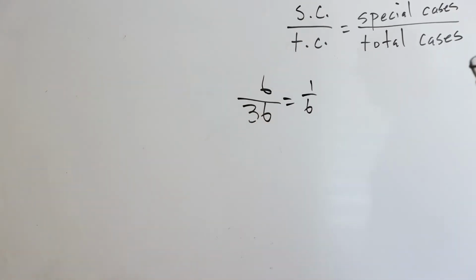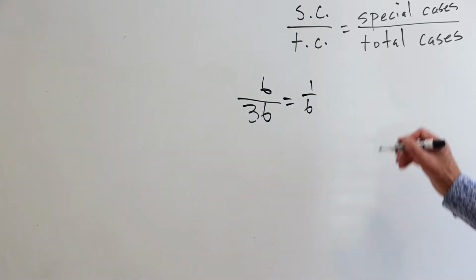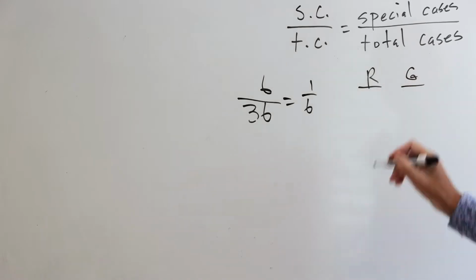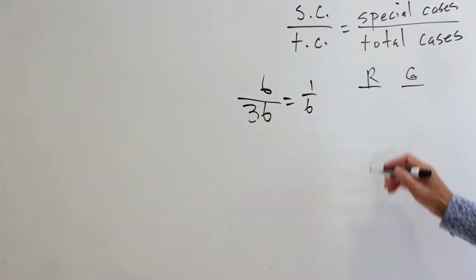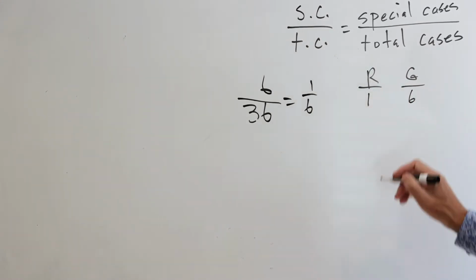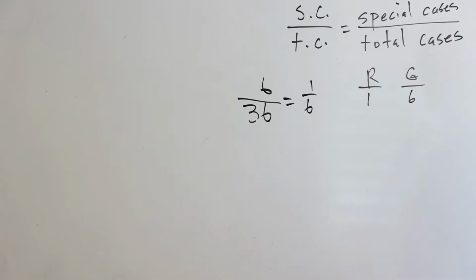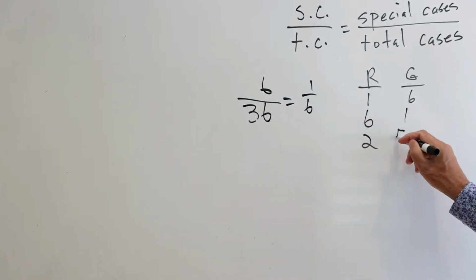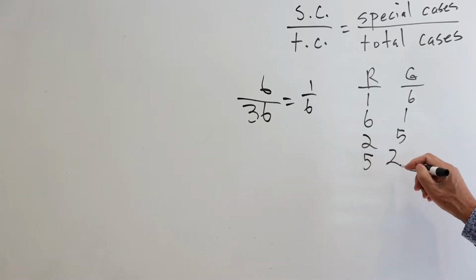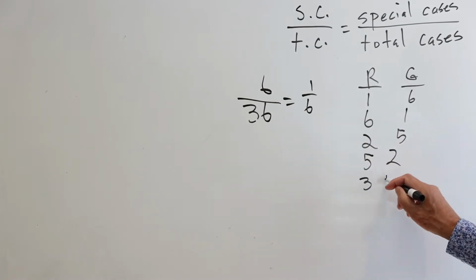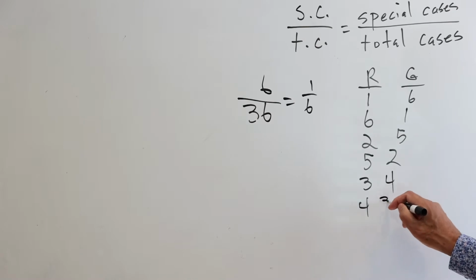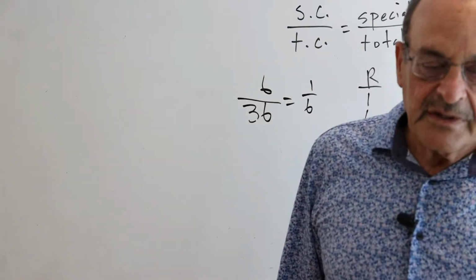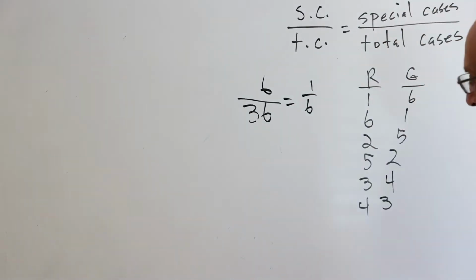And that's because, let's suppose you have a red die and a green die. So you could roll a 1 and a 6 with red and green, or reverse that, 6 and 1. You could roll a 2 and a 5, or a 5 and a 2, or you could roll a 3 and a 4, or a 4 and a 3. So these are the special cases, the 6 ways you can roll a 7 with 2 dice that are differently colored.